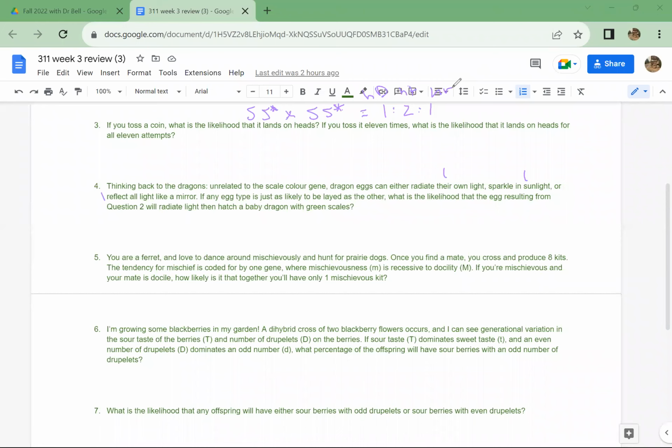So considering that cross, and now considering the different conditions that the egg could express, what is the likelihood that the egg will radiate light and then hatch a baby dragon with green scales?